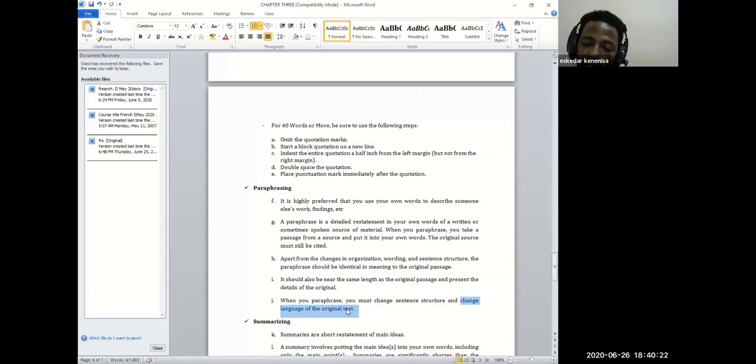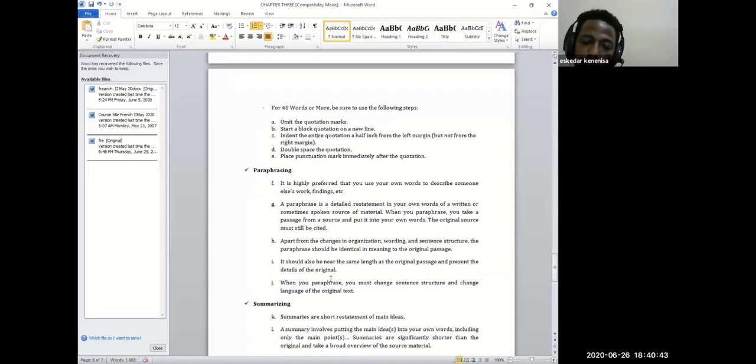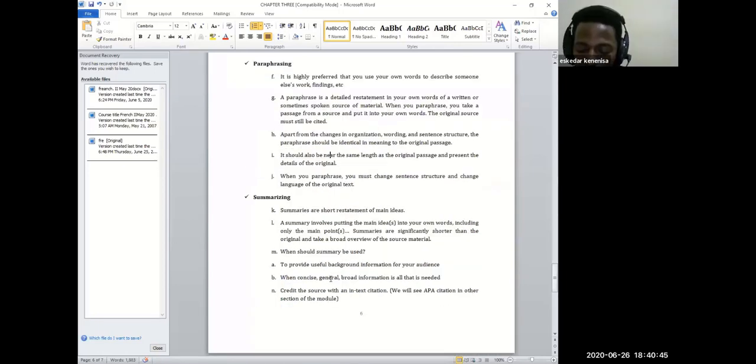If you take more than 3 words in the same way that the author wrote, it is plagiarism. Therefore, you must change the sentence structure and the language of the original text. It's important to note that you didn't take the words of the author.